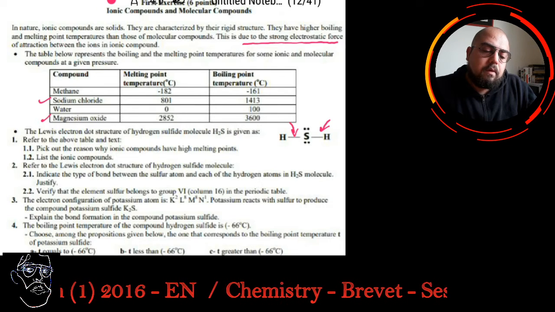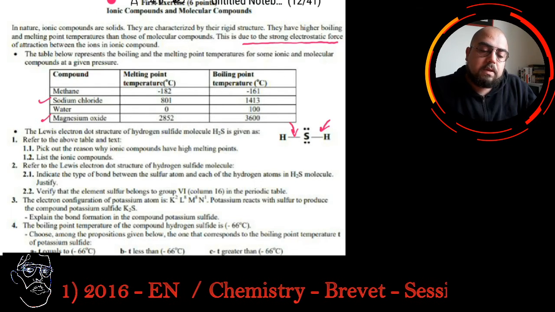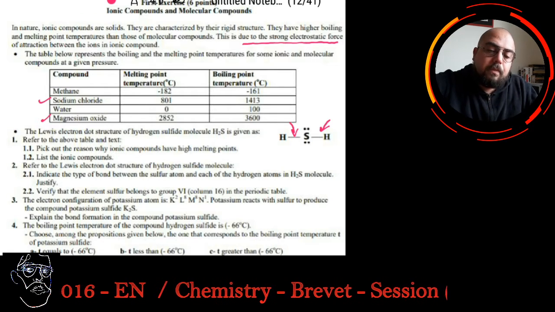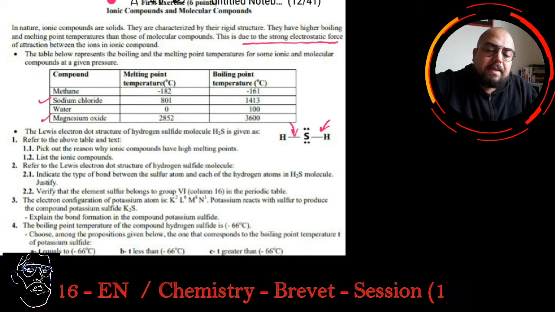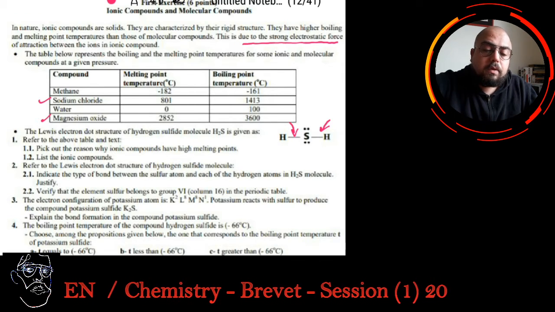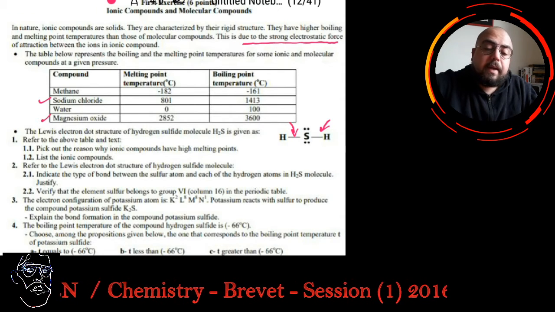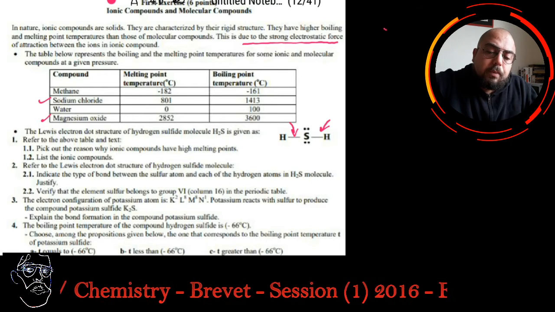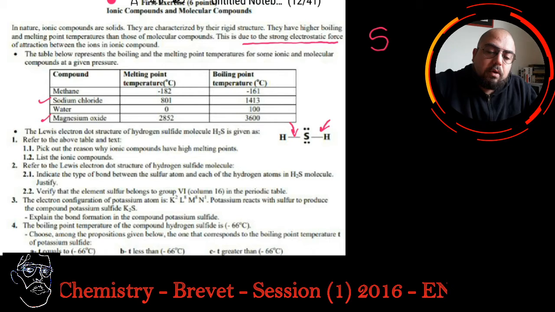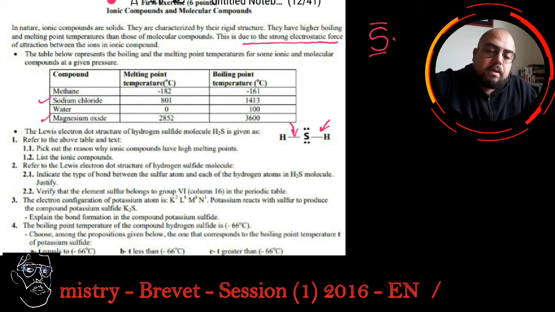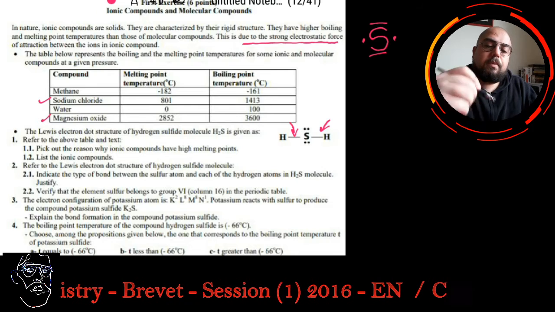Verify that the element sulfur belongs to group 6 or column 16 in the periodic table. So for the sulfur, as you can see, it is entering into two covalent single bonds. So it has two valence electrons involved. The Lewis representation of sulfur will be S with dots.